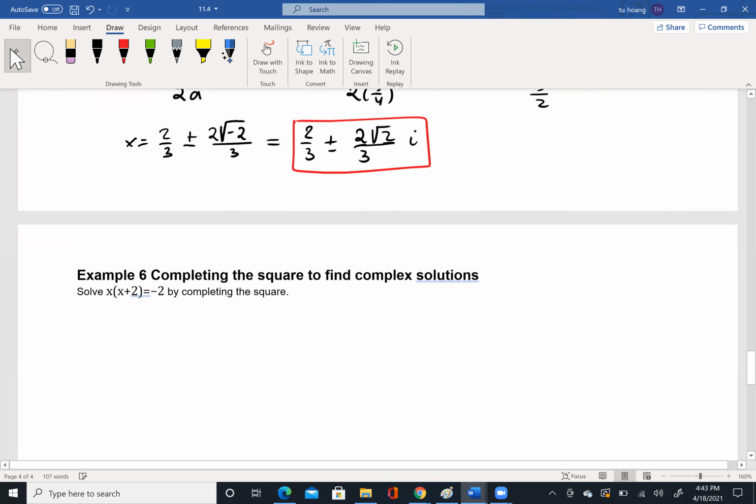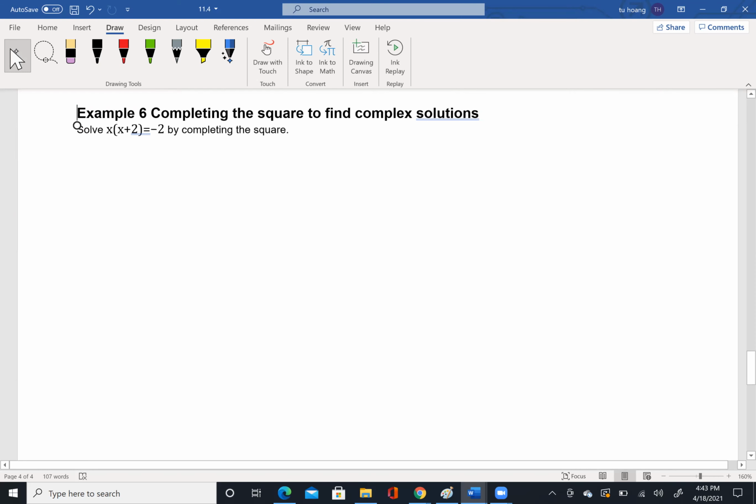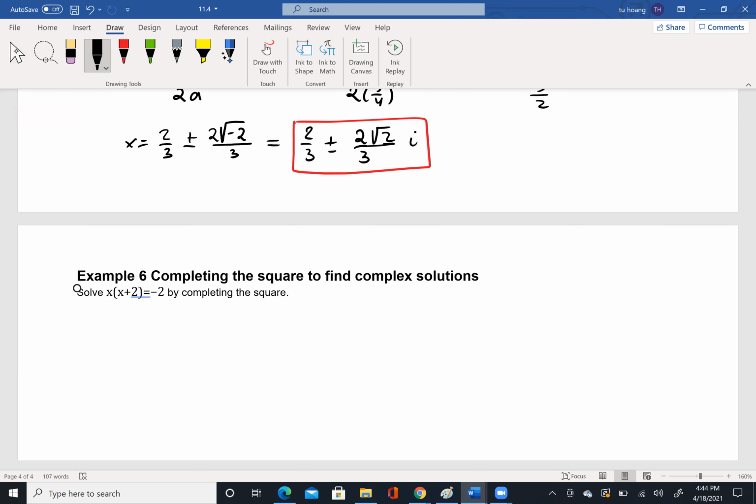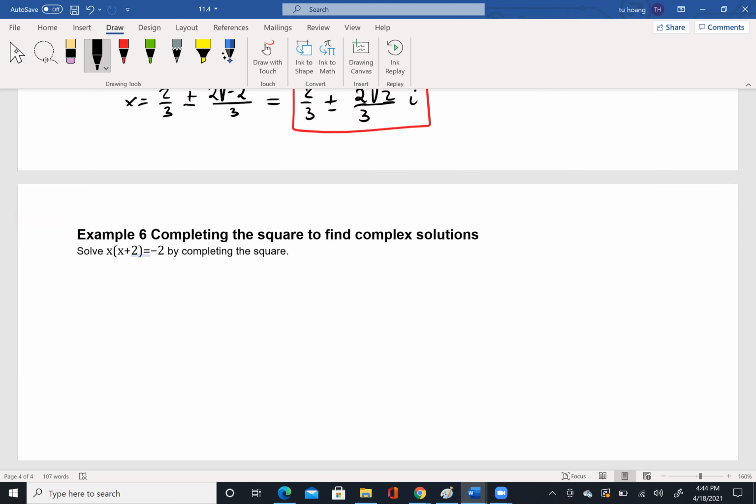So let's move down to the last problem. Example 6. Completing the square to find the complex solution. Okay, so solve x times x plus 2 equals negative 2 by completing the square. Let's do this one by completing the square and see what happens.